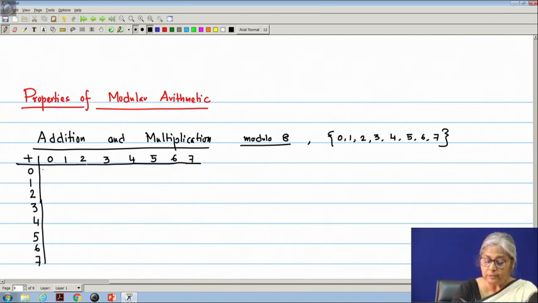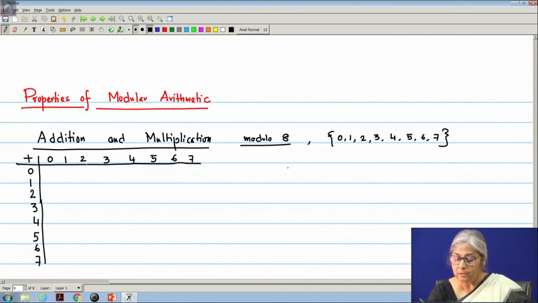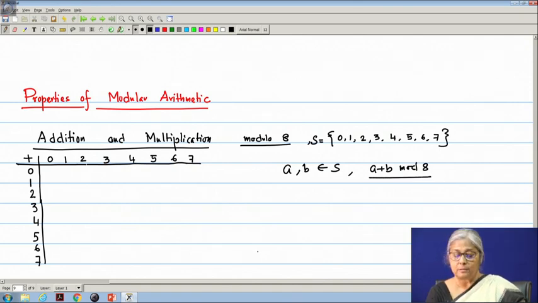Now, how do we do that? If this is my set S, and A and B belong to S, then A plus B modulo 8 will be taken. Okay. That is the modulo.